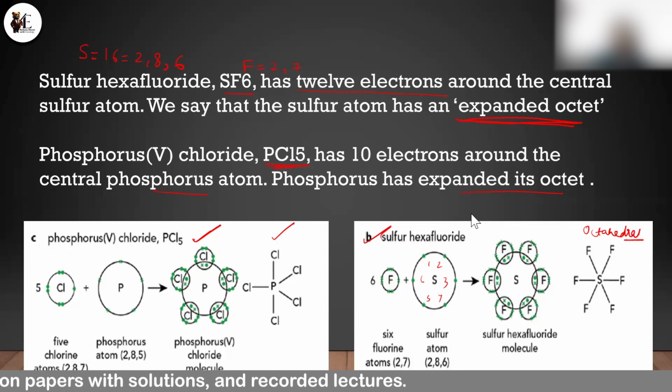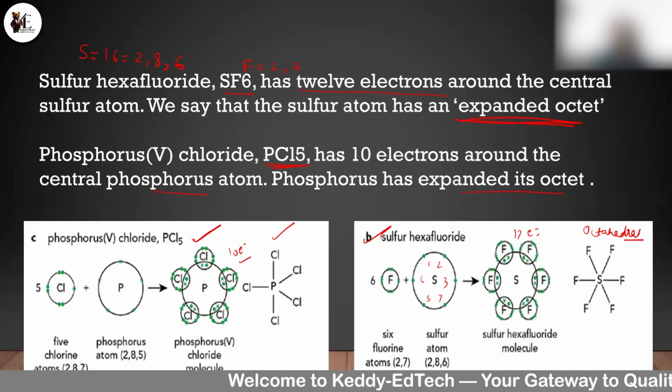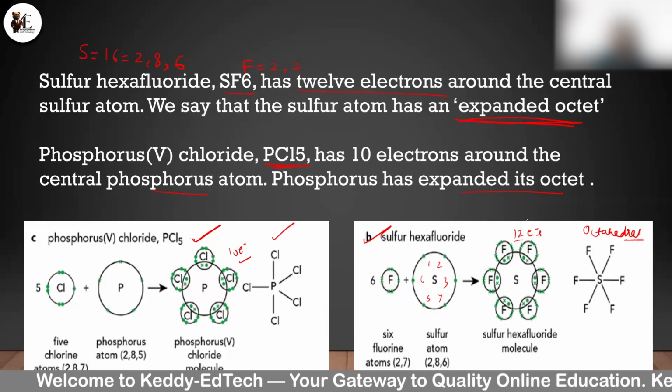Draw the electron dot structures of PCl5 and sulfur hexafluoride and see that the phosphorus atom has 10 electrons in its valence shell, and sulfur has 12 electrons in its outermost shell. So both are examples of expanded octet.